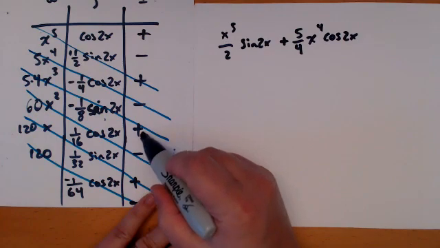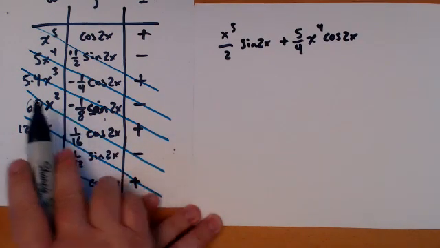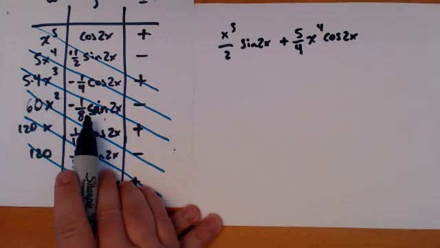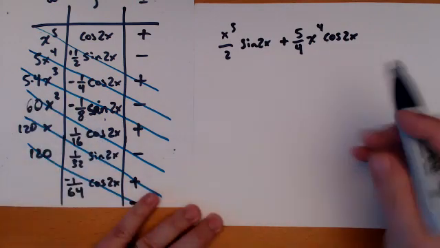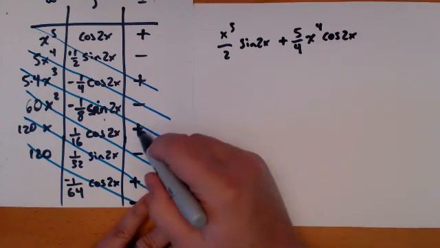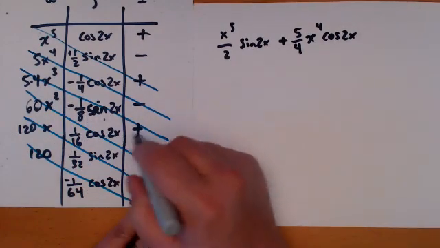And now I've got a positive, a negative, and a 20 and an 8. So the 4 and the 8 are going to reduce, and I get 5 halves. And it's a negative, because it's a positive and a negative.